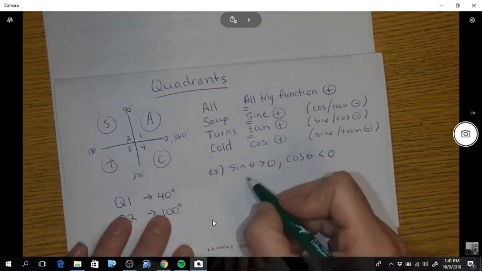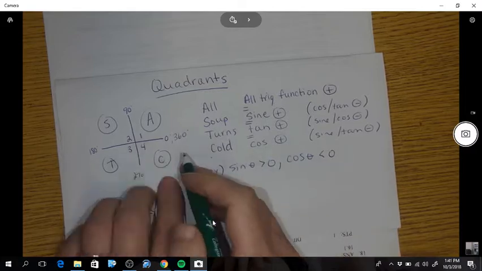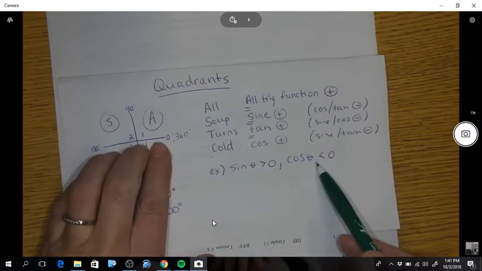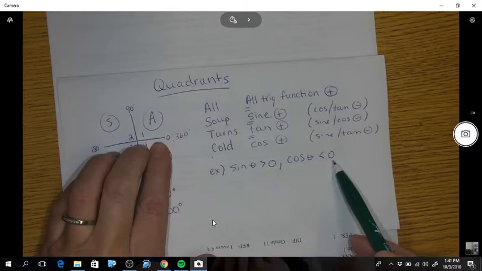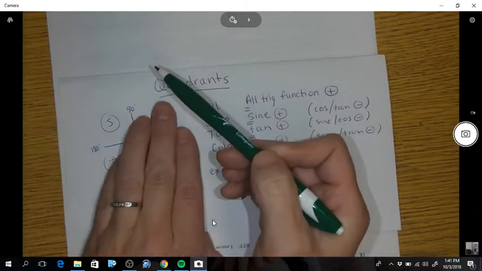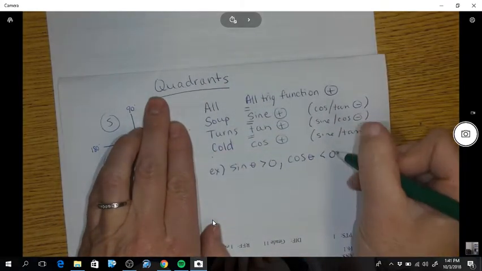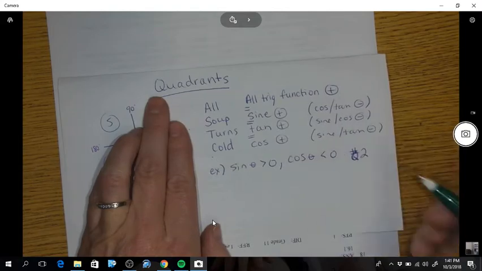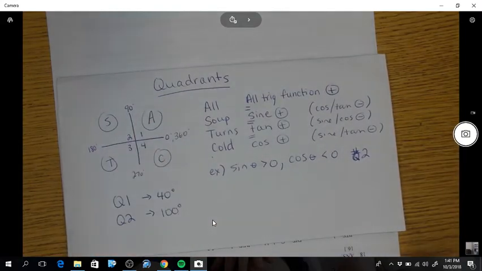So we've already ruled out the bottom two, so I'm going to cover them up. Where is cosine less than 0? Well, cosine is positive here and negative here, so your final answer would be in quadrant number 2. So I'm going to write Q2 there.